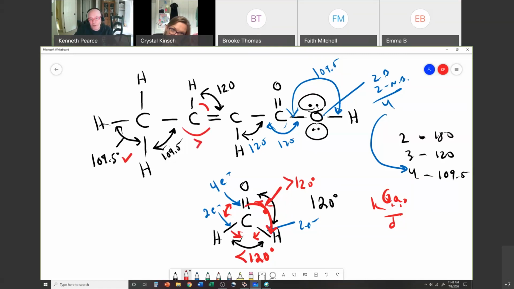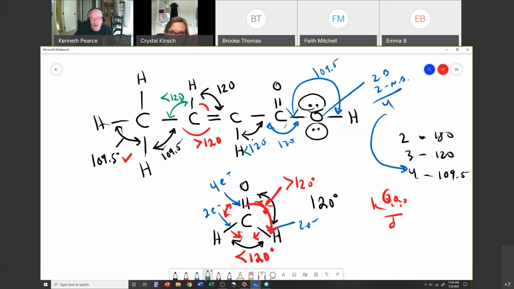So this one should be a little bit more than 120 because we have this interaction. These two that I marked in red are 4 electrons, 2 electrons. And this interaction I'm going to put into green here, this is the 2 and 2. And so this should be a little less than 120. Just a little, okay? Same thing over here. This bond angle right here should now be corrected, should be a little less than 120, shouldn't it?